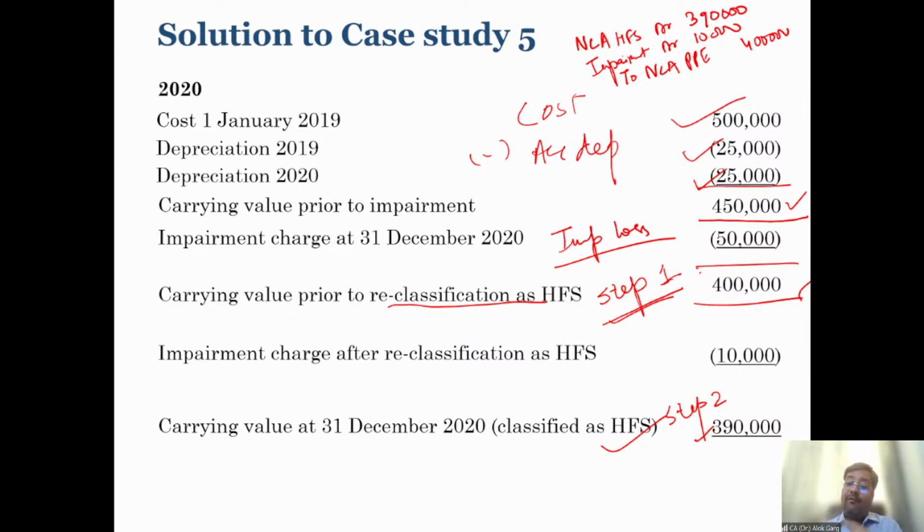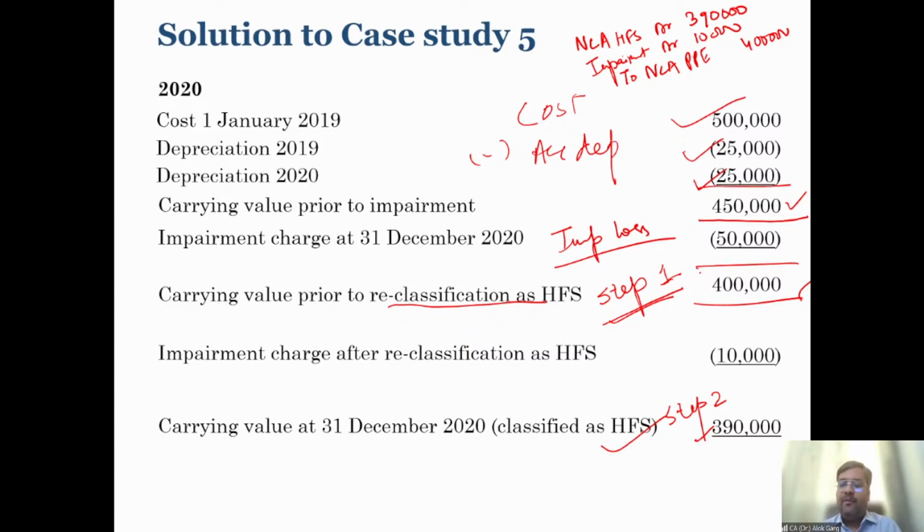But if your value has been changed, for example, if you have opted for the revaluation model or you have booked an impairment, probably your depreciation value will change. So what is the key? The key is every year you need to compute the carrying value, and subsequently you need to depreciate this carrying value on the basis of remaining useful life.